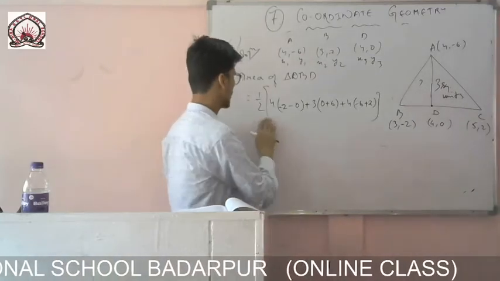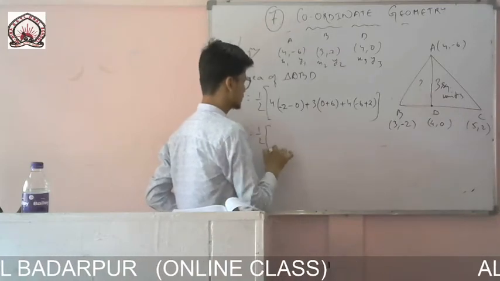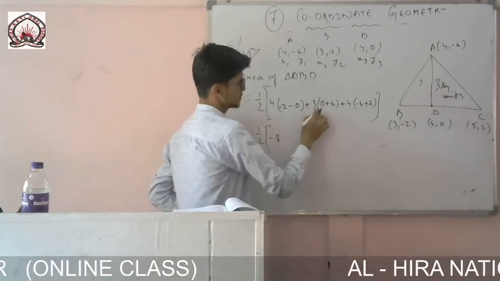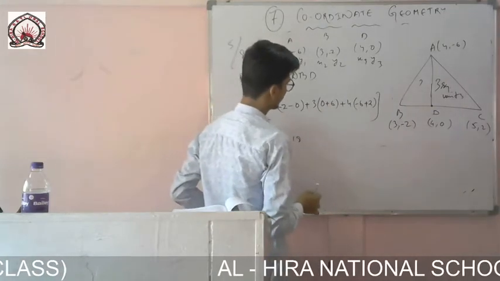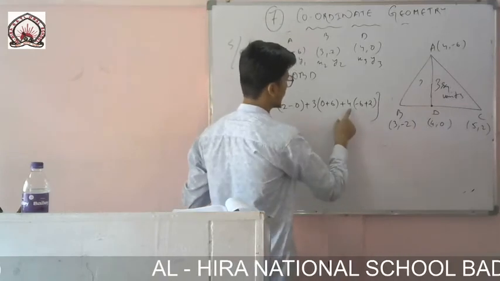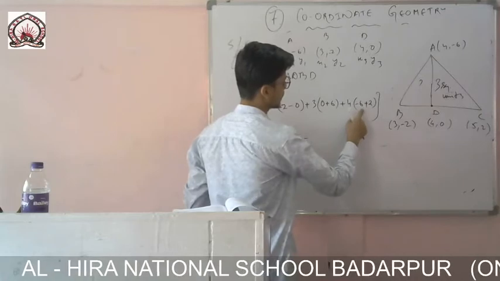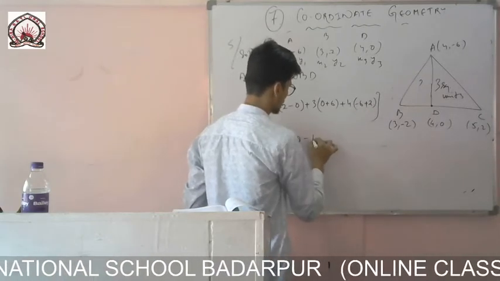So now I will just calculate the value. Half into: they are minus 2, so 4 2s are 8, minus 8; 3 6s are 18; and there it is minus 4, so 4 4s are 16.